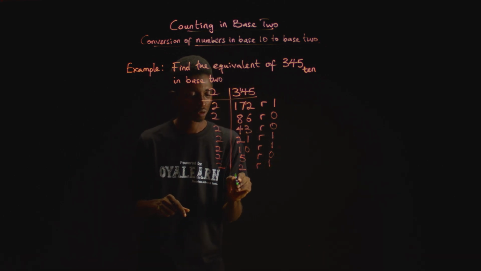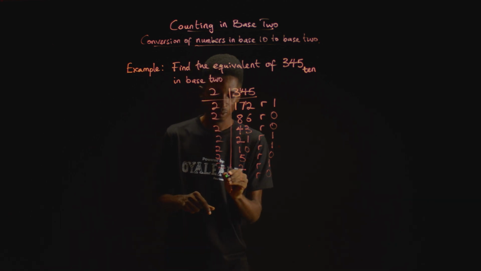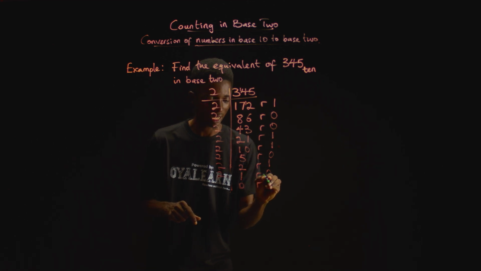And then 2 in 2 is 1, remainder 0. And then 2 in 1 is 0, remainder 1.